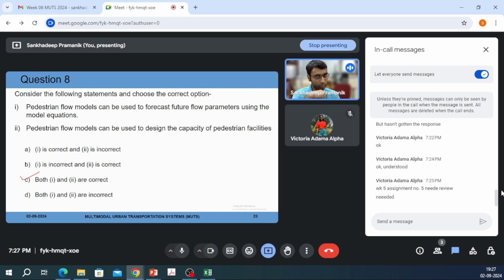Okay, if in week 5 there is any problem in the assignment, then the team will later replace it with the correct answer, and maybe the marks will also be updated.